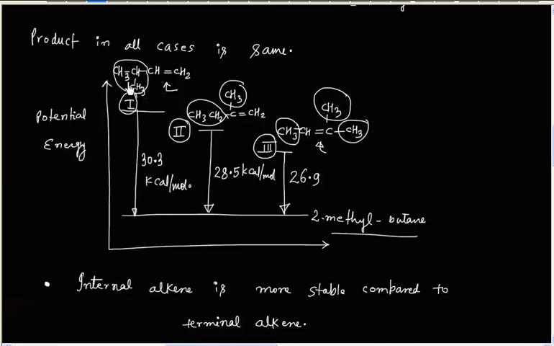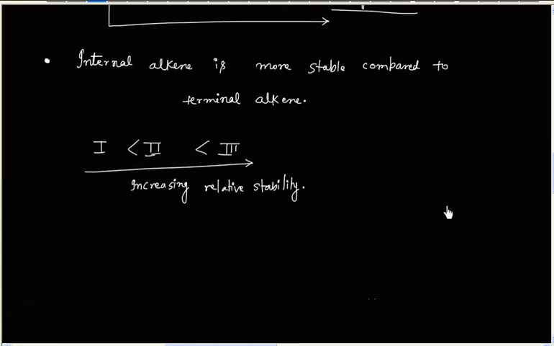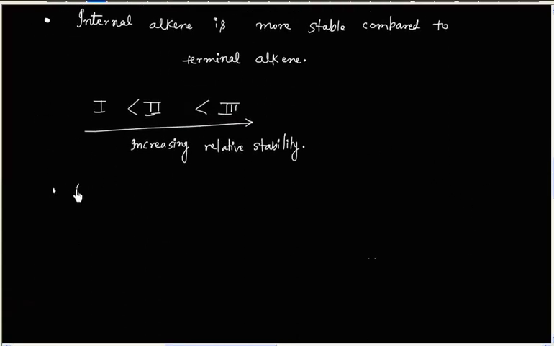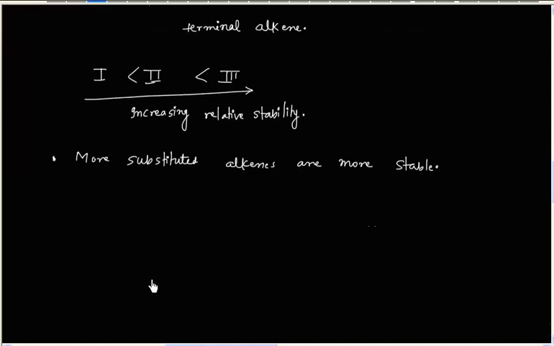So if we increase the substitution, relative stability increases. More substituted alkenes are more stable. So stability increases if we increase the number of alkyl groups on the double bond.